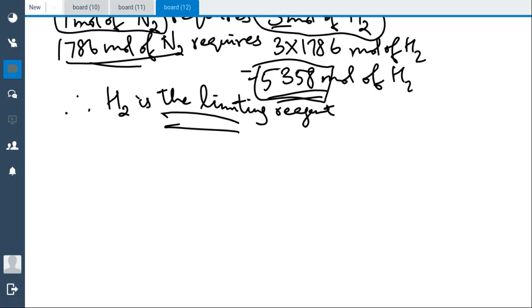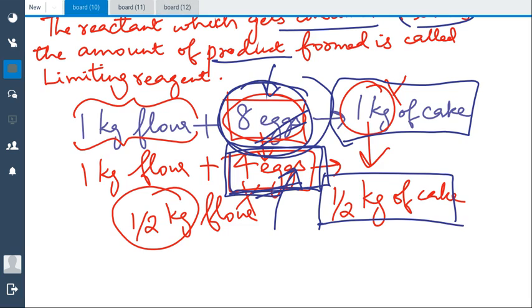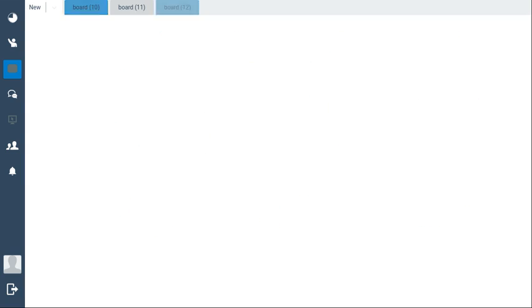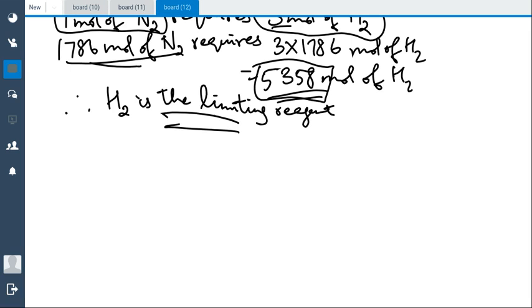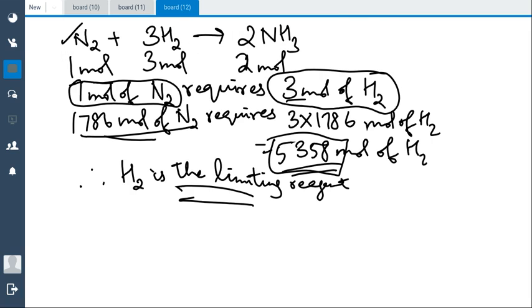Since we found out the limiting reagent, let's say like this, our limiting reagent was eggs. So now the number of eggs will determine the amount of cake to be baked, right?